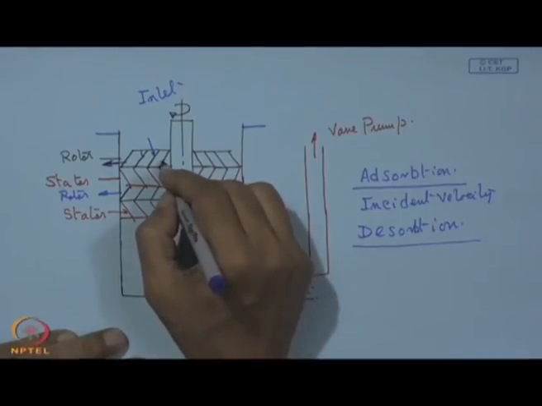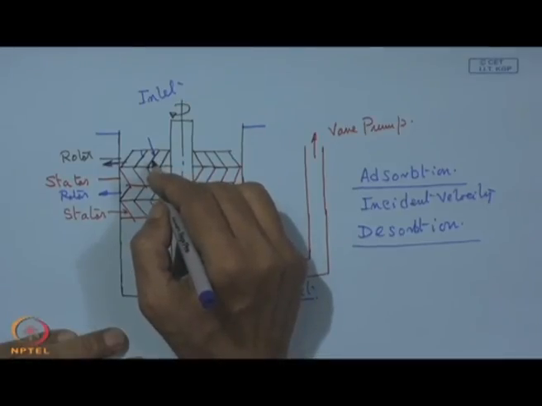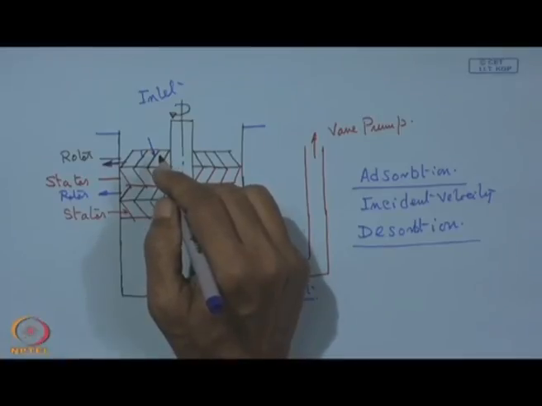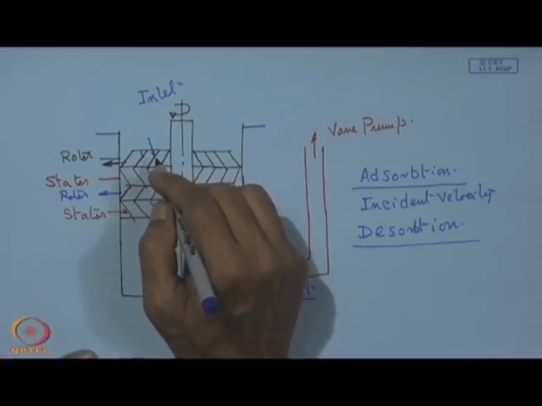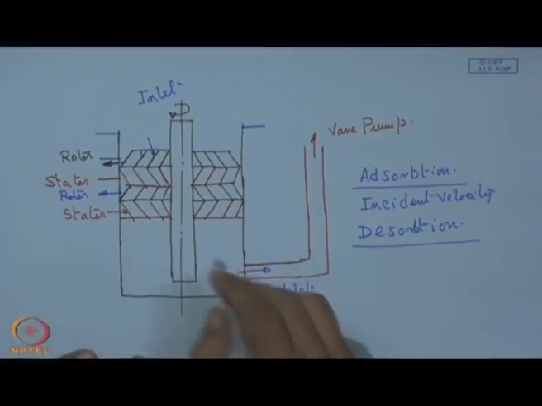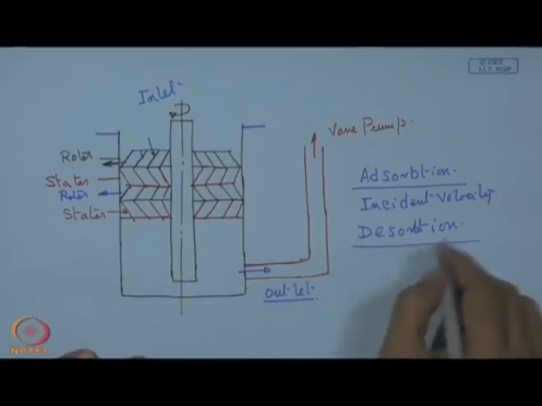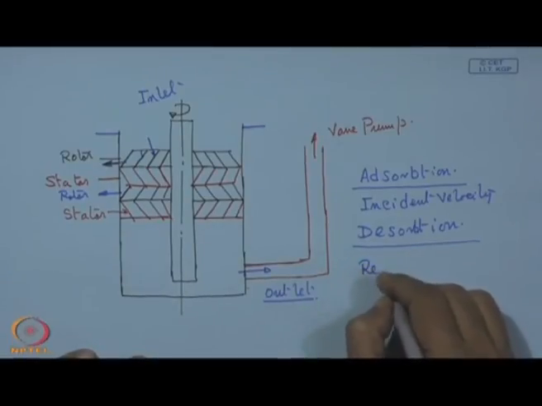So, from that point what is going to happen? It will have a normal velocity, and with this normal velocity it will move in this direction. That means the direction is such that this particular material will move, it is inclined in such a manner that these gas molecules, when they are re-emitted, so desorption, it is called re-emission.